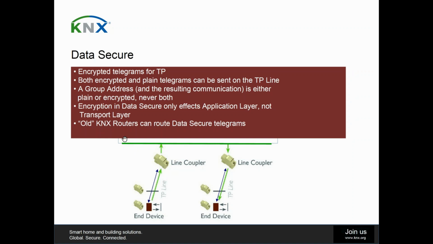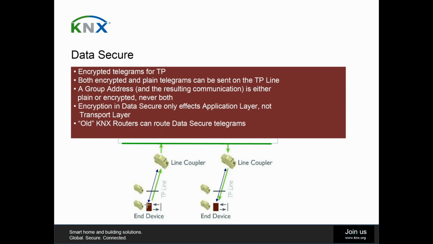So data secure now means that we have on our TP line the possibility that some of the telegrams are encrypted and some of them are not encrypted. So we can have both together.